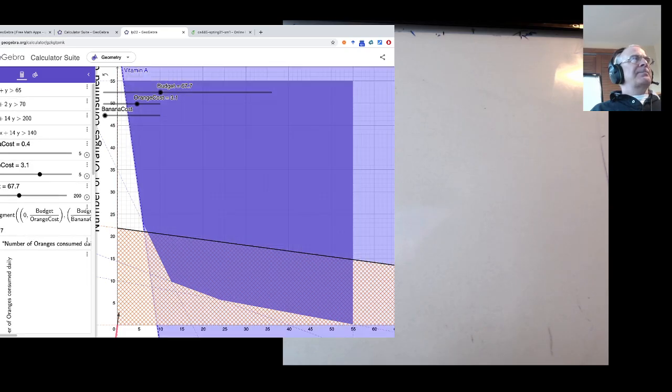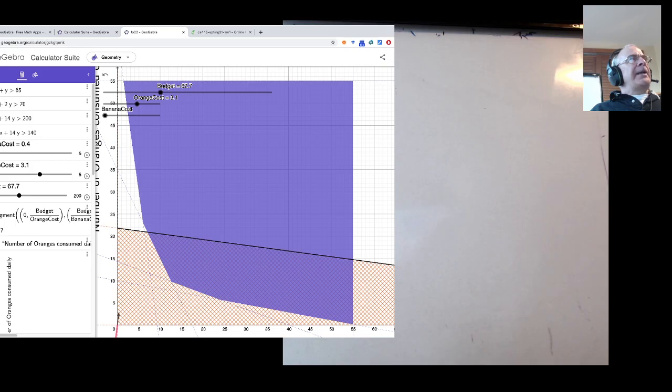It tells me that in a banana, I have 7 units of vitamin A, and in an orange, I have only 1 unit of vitamin A, and it needs to be larger or equal than 65.